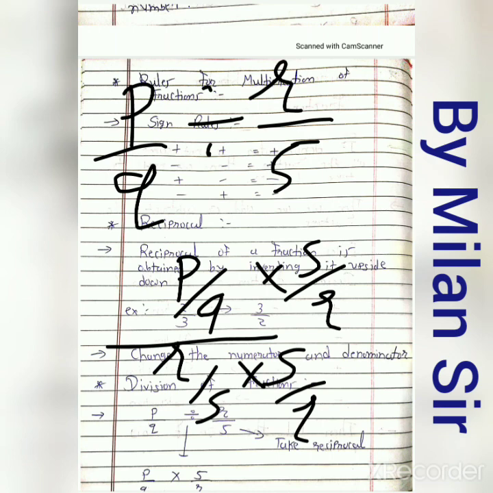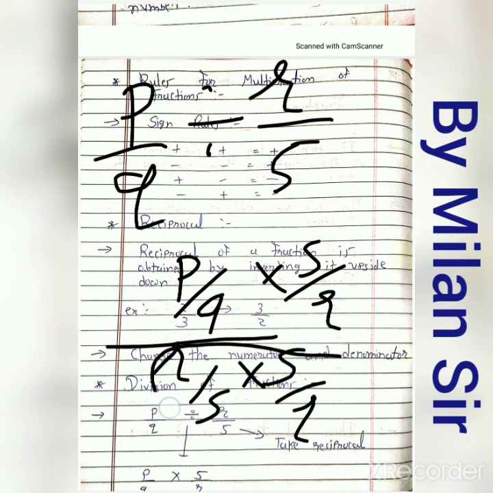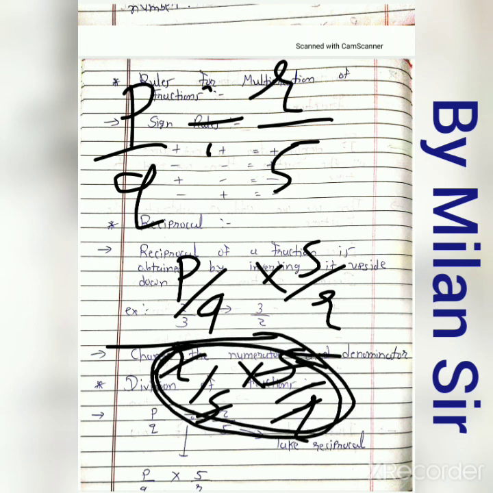Now after applying this, what do we get? Now here in the denominator, we multiply a number with its reciprocal. That means our denominator becomes 1, because s and s cancel, r and r cancel, right? Right now in the denominator nothing is remaining. That means if we multiply this number with its reciprocal, our answer is 1.